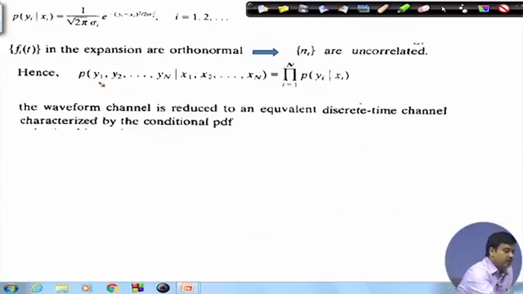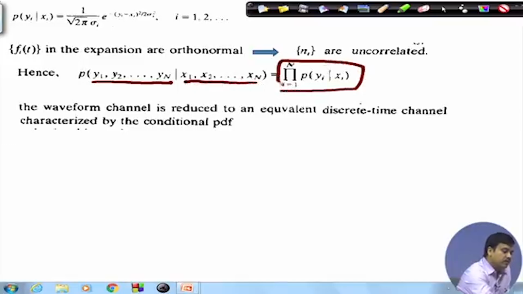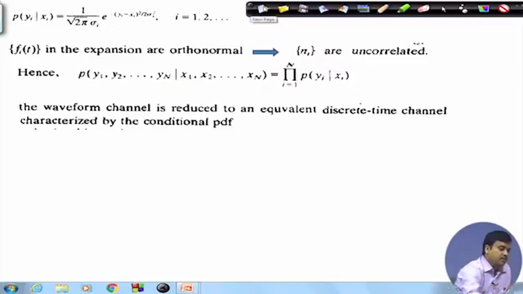So, at the receiver, the joint distribution of the received components given the transmitted signal is equal to the product of the marginal conditional distributions, simply because of the orthogonality criteria that we have. These are some of the things that we use.